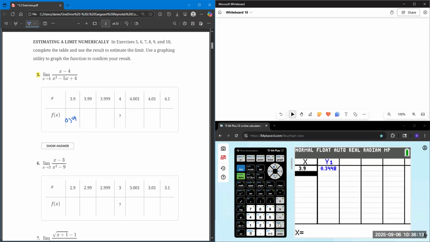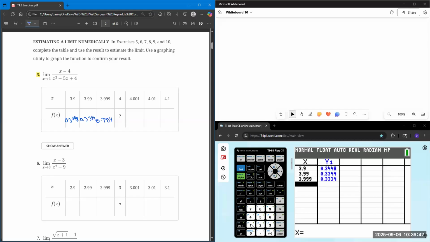So I have 0.3448, and I have 3.99, 0.3344, so I'm getting a little smaller, and then 3.999 is 0.3334.